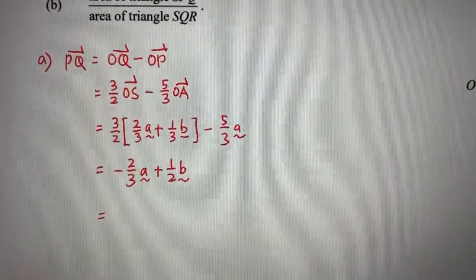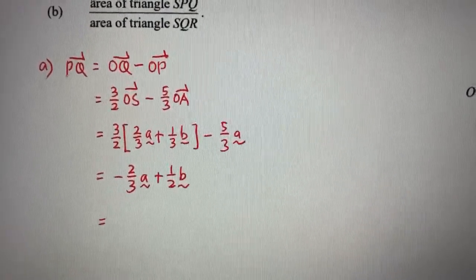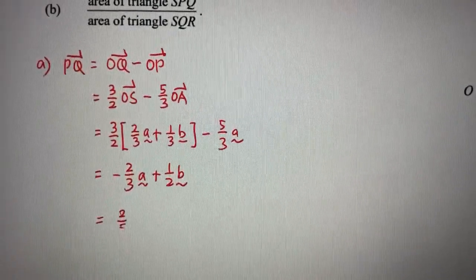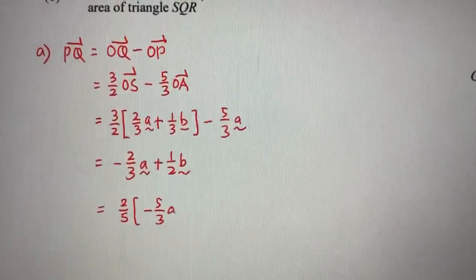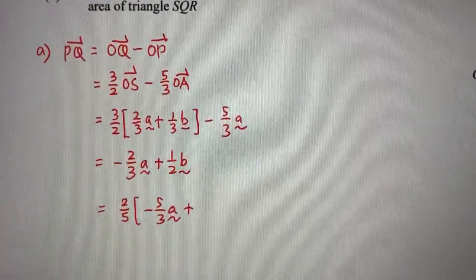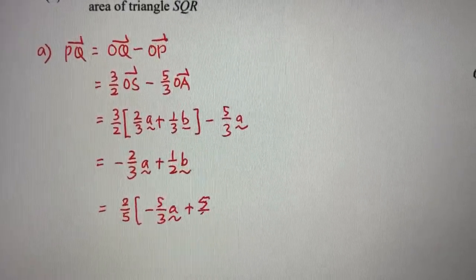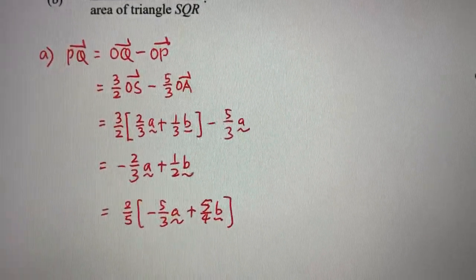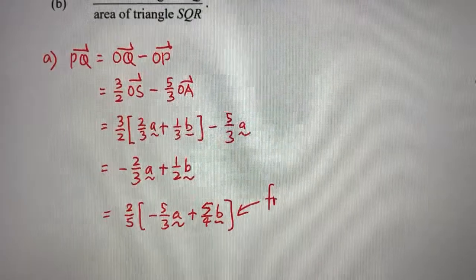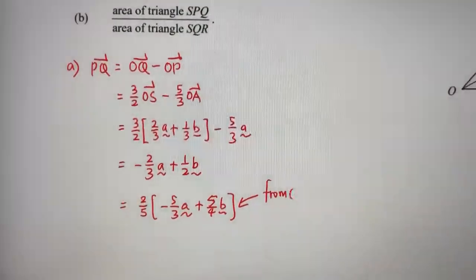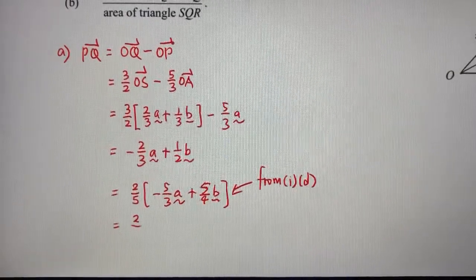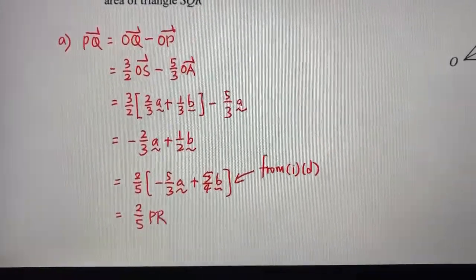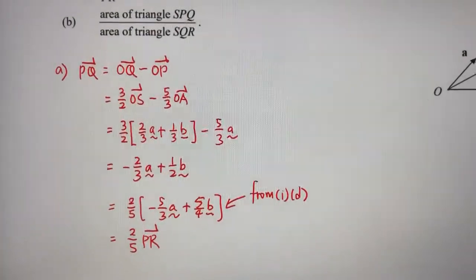And if we were to look closely, comparing this vector PQ to the vector PR that we have found in the earlier parts, we realize that it is possible for us to express PQ to be a scalar multiple of the vector of PR. And we now can conclude that the vector of PQ is actually equal to 2/5 of vector of PR.